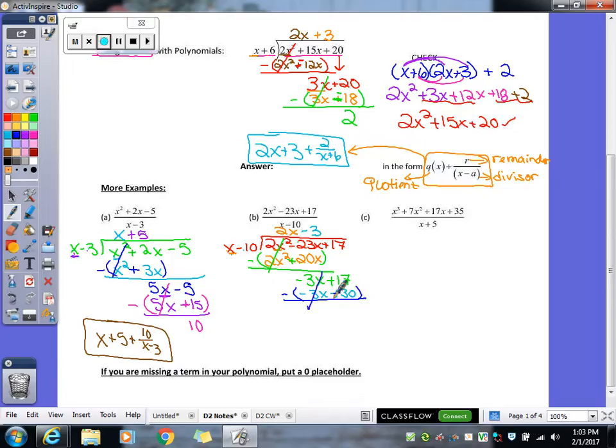Cancel. This 30 becomes negative, so 17 minus 30 would give us a negative 13. So our answer would be 2x minus 3 minus 13 over x minus 10. Since your remainder was negative, that means you subtract it from your quotient.